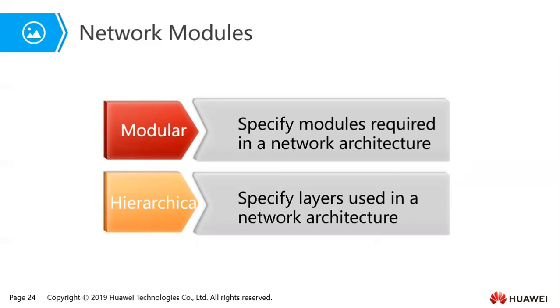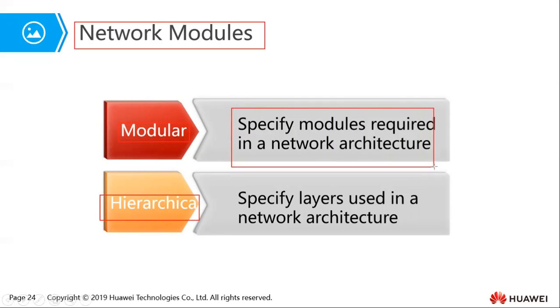We have two things that we need to understand here. Generally, current networks are based on either a modular or hierarchical design. Actually, not or, but both of them. We have the modular design and hierarchical design. The modular design is used to specify the modules that are required in a network architecture.